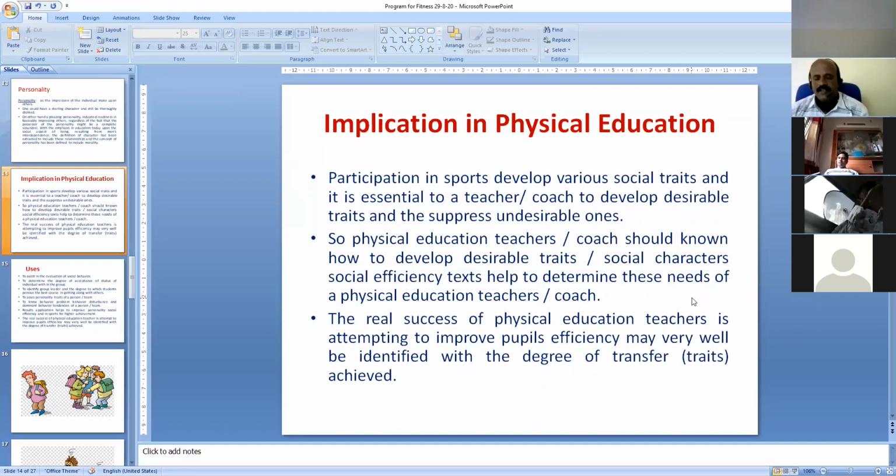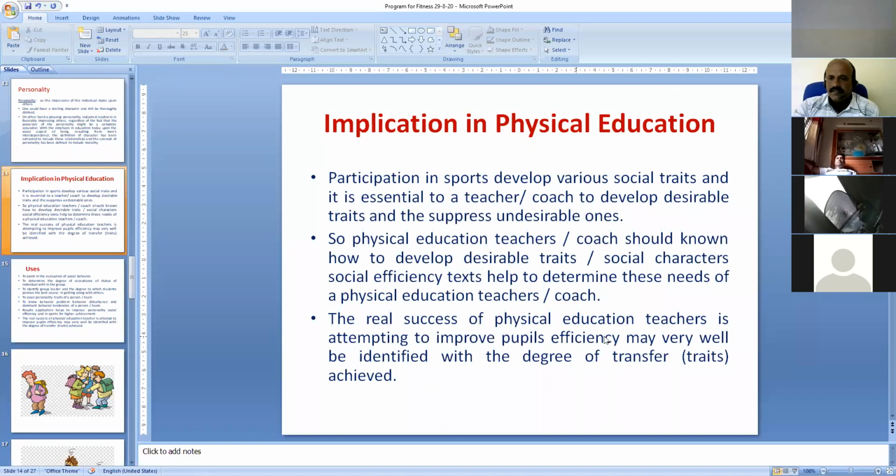Dedication, commitment, hard work, challenging mind, aggressiveness, confidence, motivation, cooperation, helping nature, sportsmanship, all these things are involved. And you can assess these qualities by conducting questionnaire tests, or by observing the students, and by counseling them also, you can understand many things about the students.